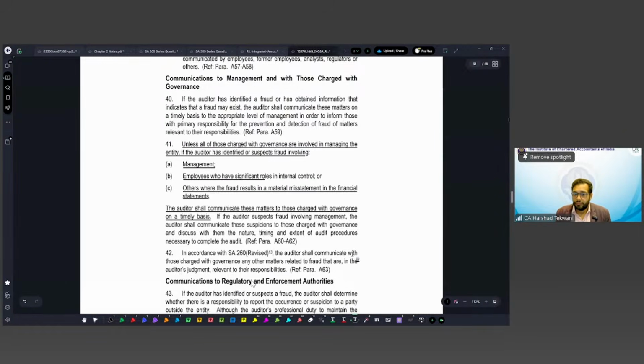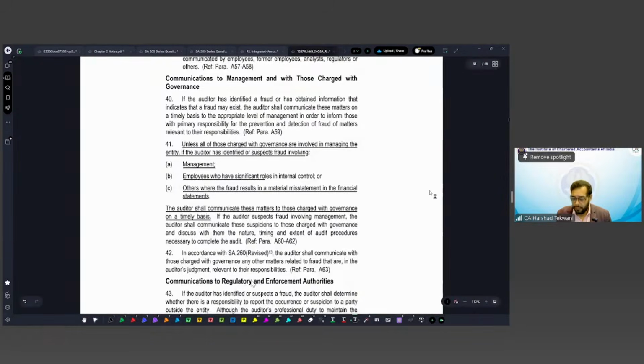Right, sir. The definition also talks about who those charged with governance are, which means they make the strategic decisions, and they bear the main obligation for the accountability of the particular company.